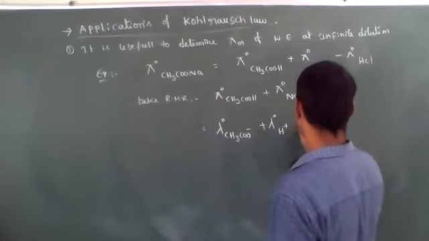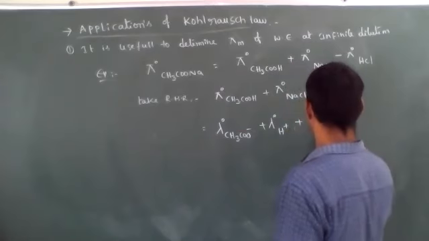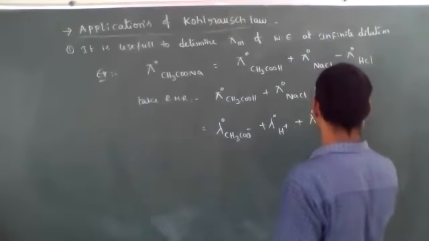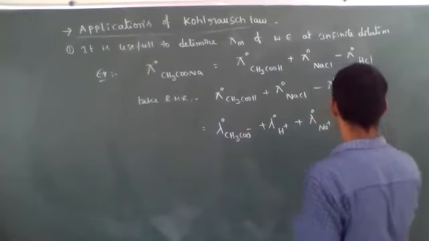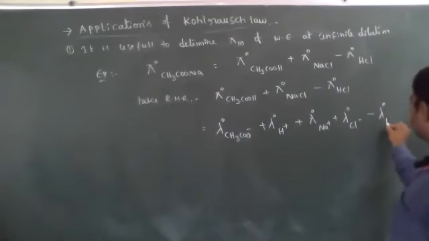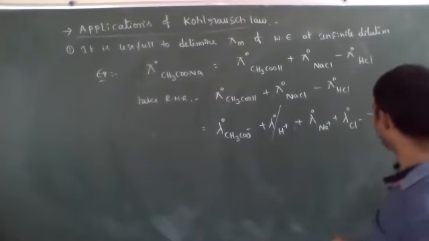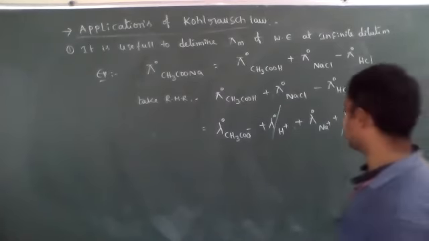And NaCl ionized to give Na plus ions plus Cl minus ions. And minus of HCl means minus lambda naught H plus minus lambda naught Cl minus. Here H plus and H plus will cancel, and Cl minus and Cl minus will cancel.